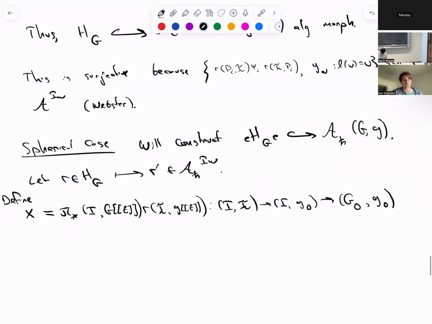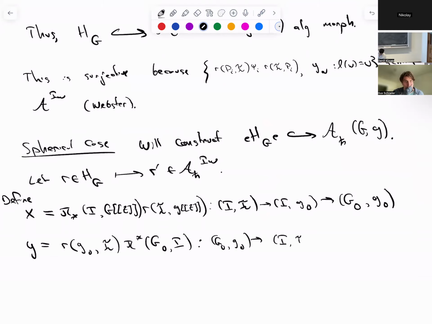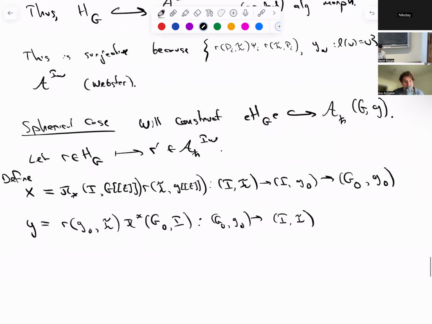And then Y will be going in the opposite direction. Okay, so these are operators in this category B defined by Webster.